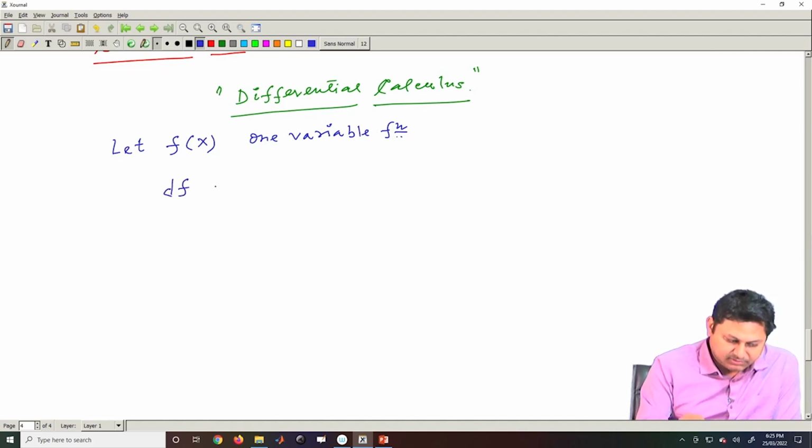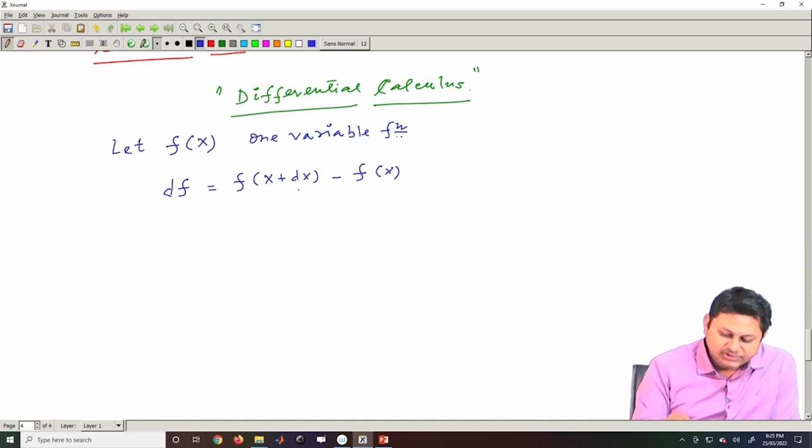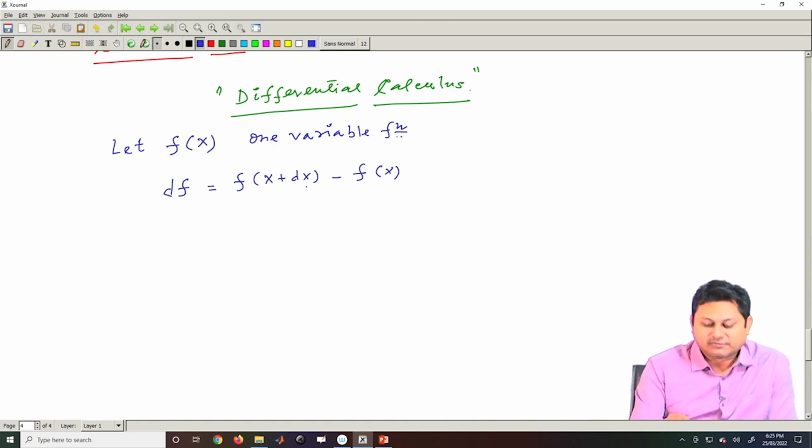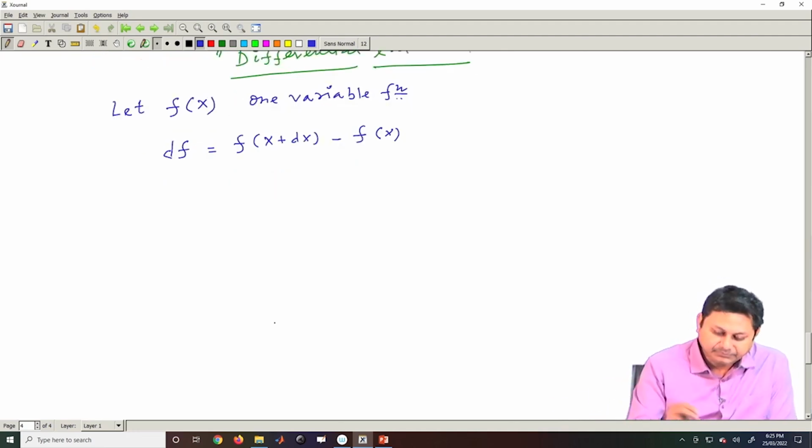deviation of the function when we have a slight change in x, the independent variable, then this is the way we write. A small change dx is there over the function, and then what is the change, that is my df. This is essentially f(x).